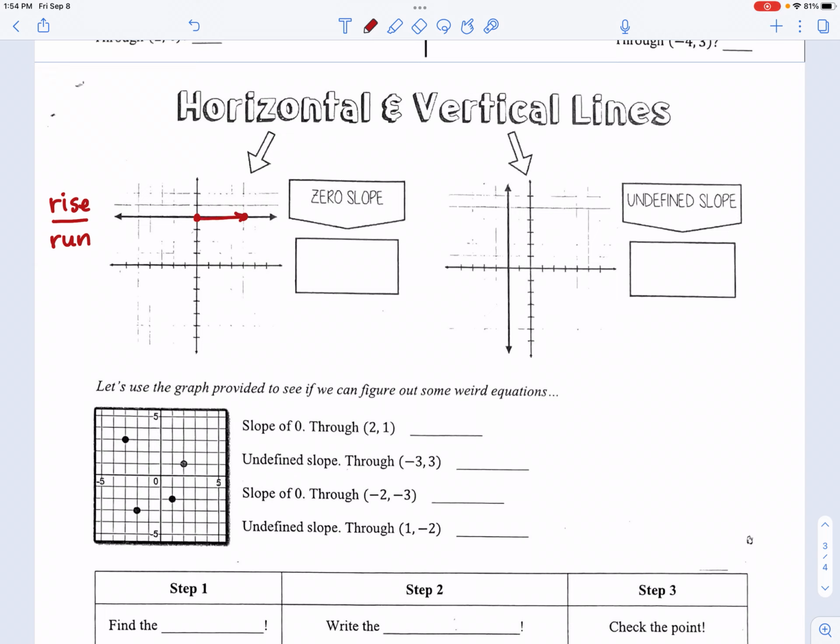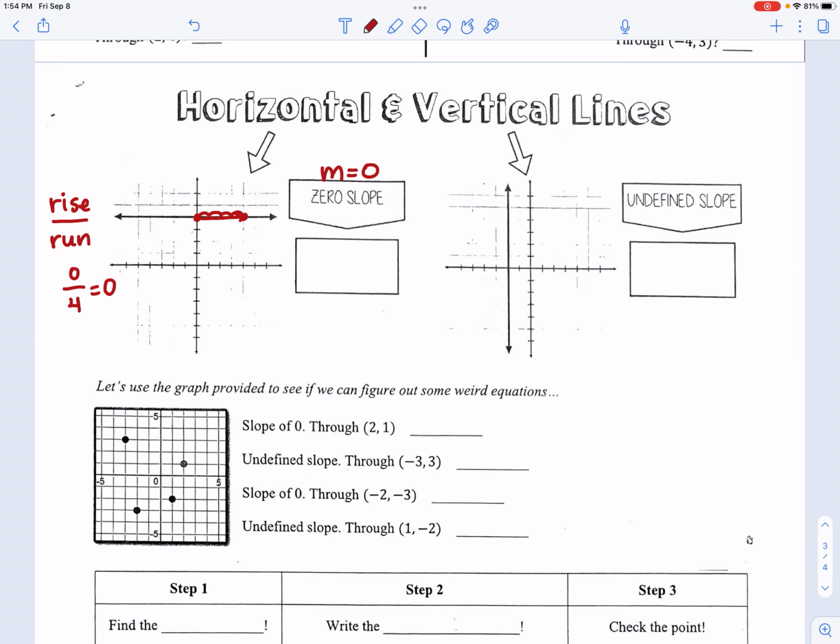I don't go up anywhere. I would run over 1, 2, 3, 4, so my rise over my run is 0 over 4. And 0 divided by 4 is just 0. It is not a no slope, it is a 0 slope. My m equals 0. Therefore, we have a special type of equation.